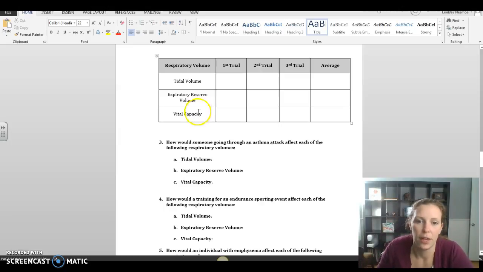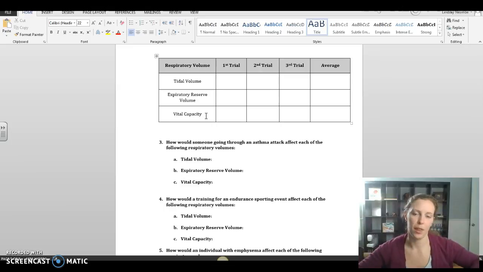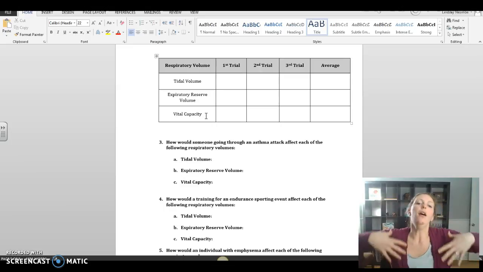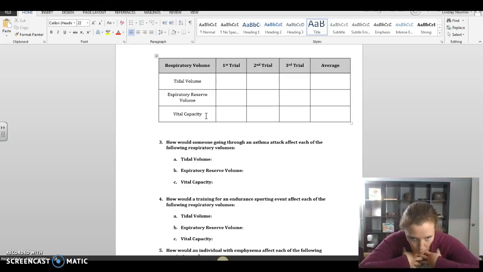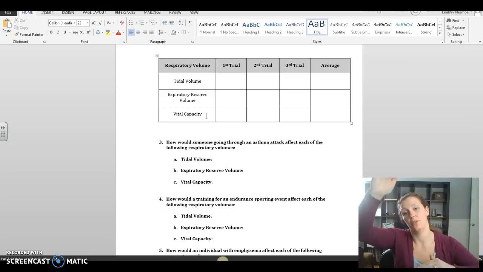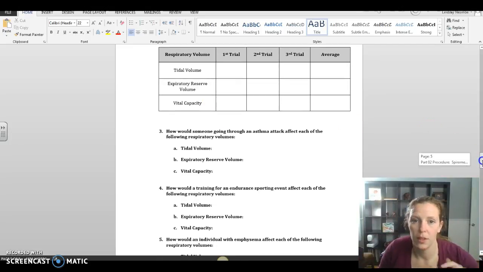And then lastly, your vital capacity is the measurement of your biggest breath in to your deepest breath out. So if you breathe in as much as you can and your chest expands, and then all the way out from the top to the very bottom, that is your vital capacity. All right, make sure you understand those, both for this and your lecture midterm.